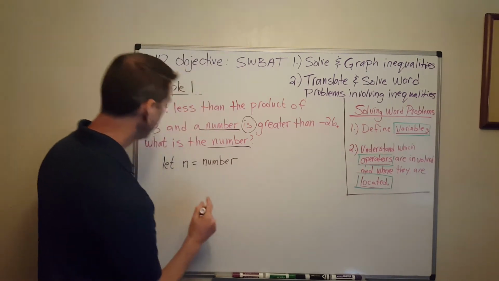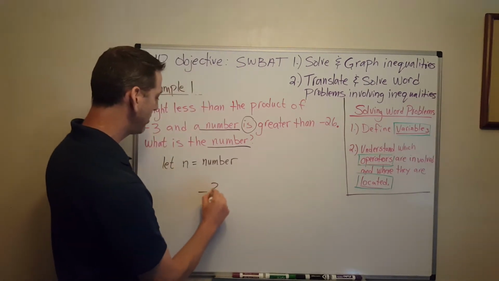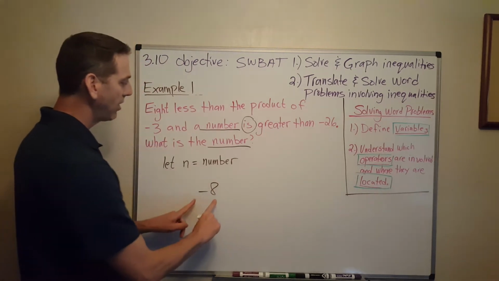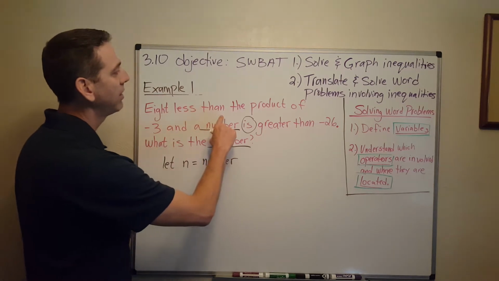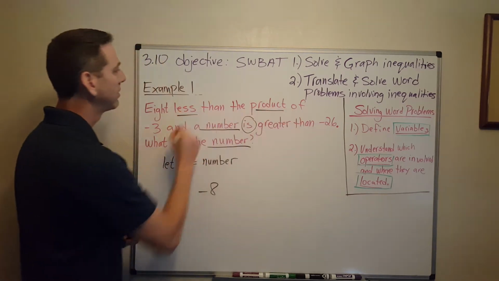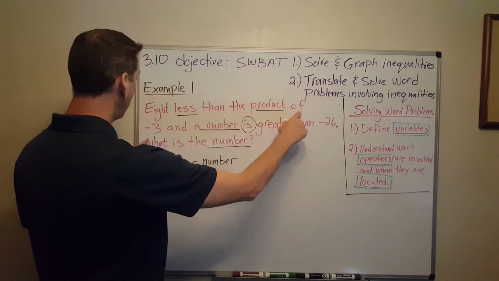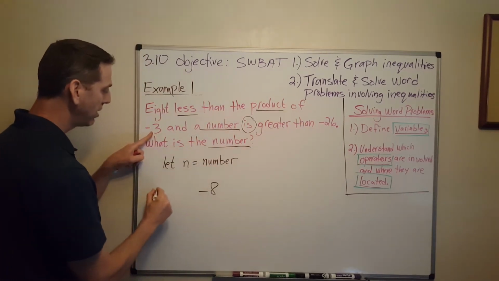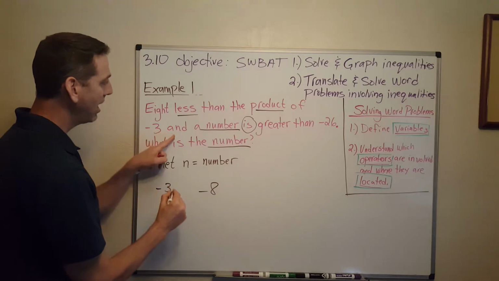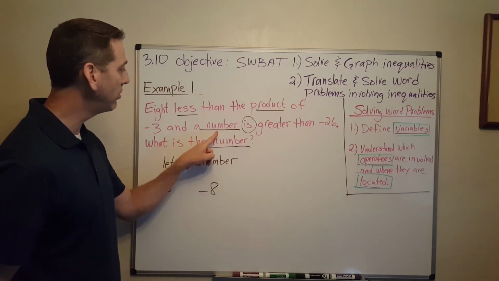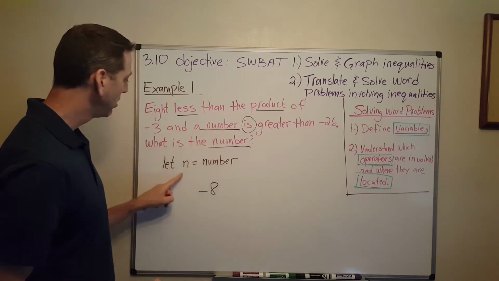So I'm going to go ahead and put -8, not 8 minus. 8 less than what? The product. Product means multiplication. The product of what? -3 and a number. Oh, there's our variable, right? What do we use for a number?